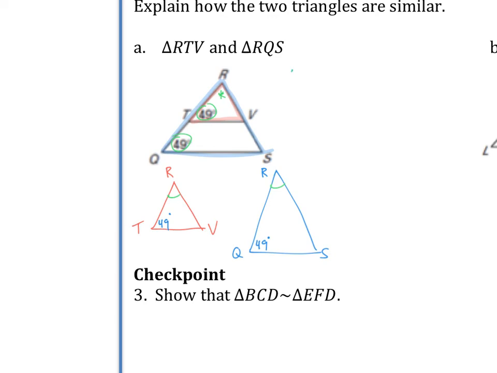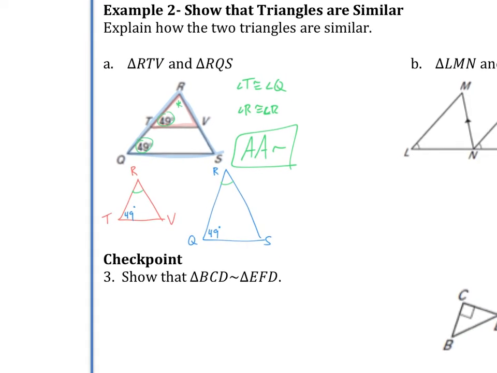So angle T is congruent to angle Q, and angle R is congruent to angle R. So are they similar? Yes, by angle similarity.